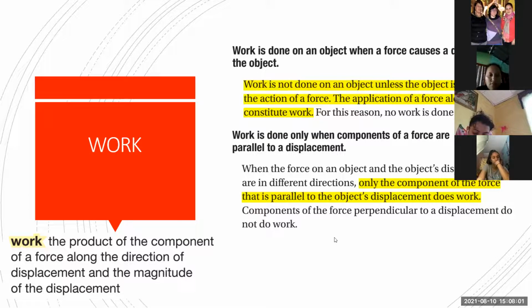And you will multiply it with the magnitude of the displacement. In other words, work is the multiplication of the component of the force that is going in the same direction as the object, and the distance that the object travels.